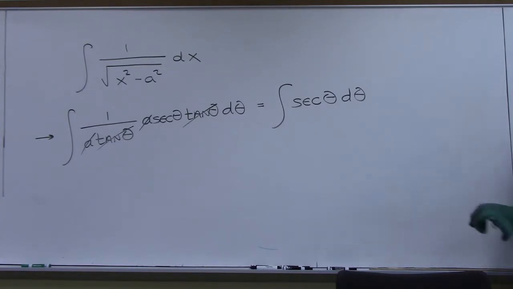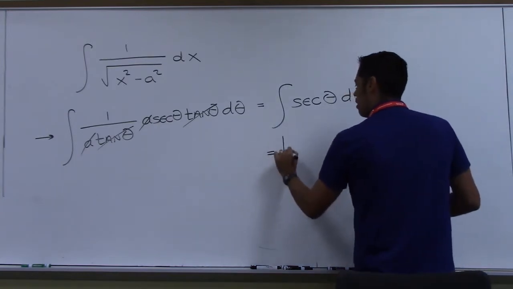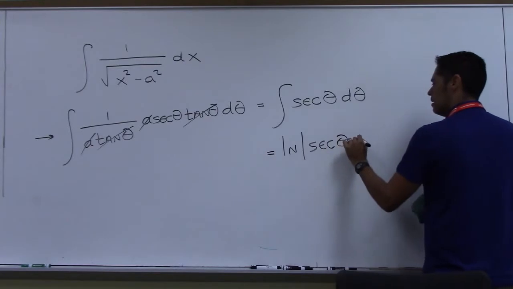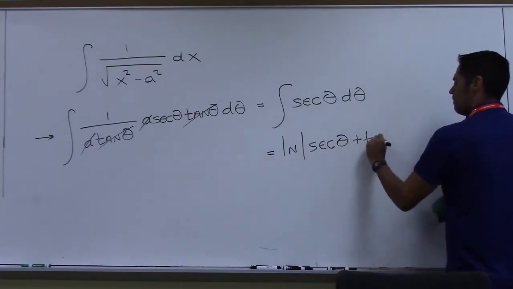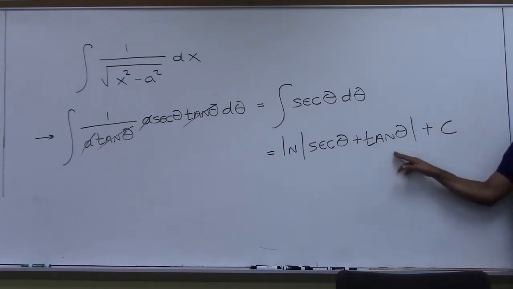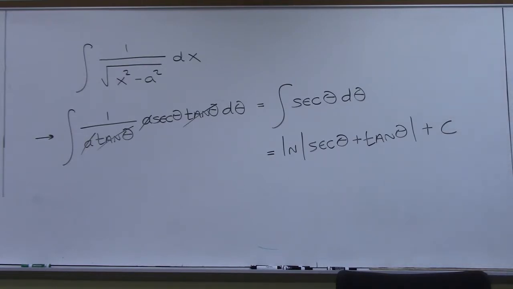Okay, go ahead. So it's natural log of secant theta plus tangent theta, plus c. What reference page was that on? That was reference page 6. Reference page 6. What formula? Formula 14, reference page 6.